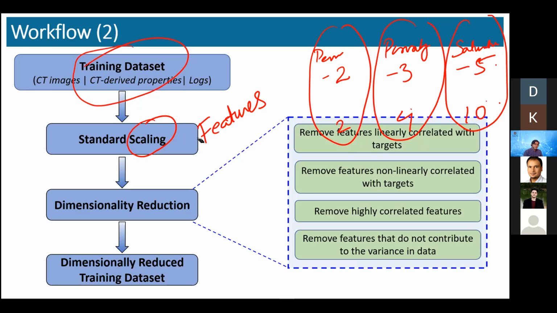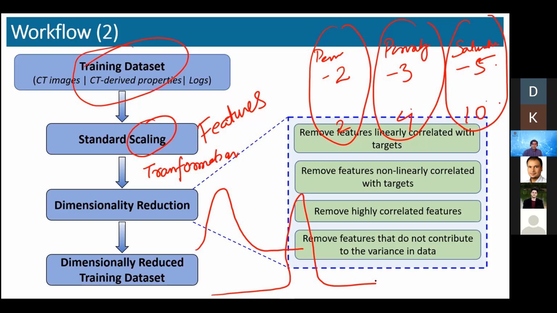In this step, you can also perform something called transformation. So what is transformation? Let's say there is a statistical distribution of a feature like this. There is another statistical distribution of a feature like this.